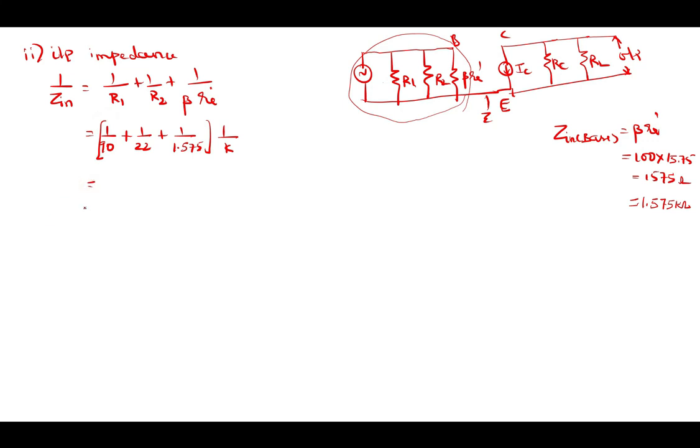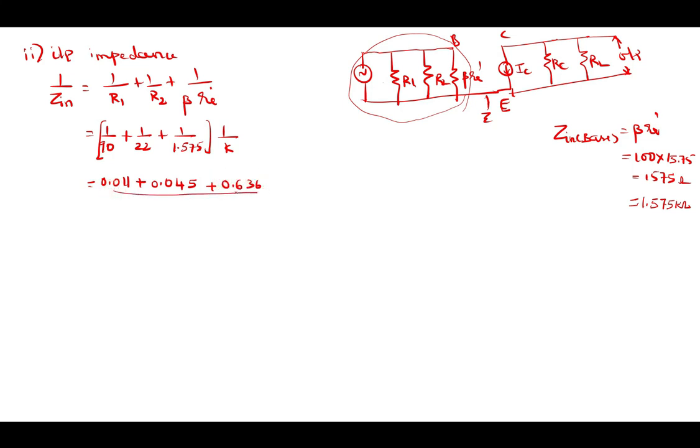Now taking LCM is a tedious task. What I do is I will calculate this through a calculator. First I will take 1 by 90. If I calculate 1 by 90, I am getting 0.011. Then 1 by 22, I am getting 0.045. Then 1 by 1.575, I am getting 0.636.